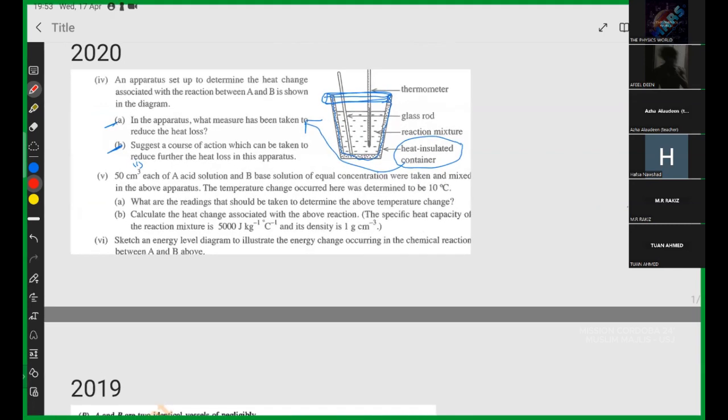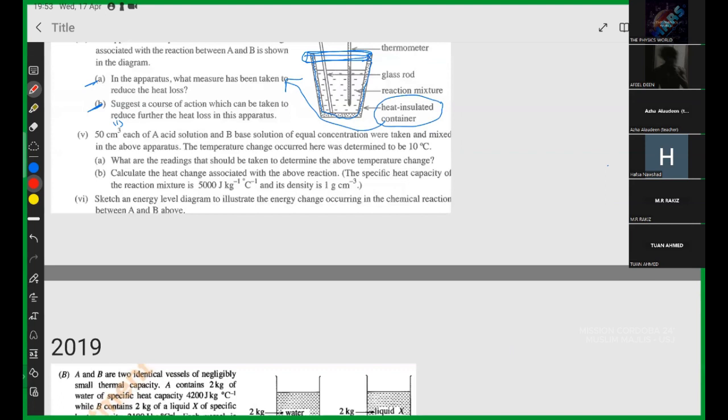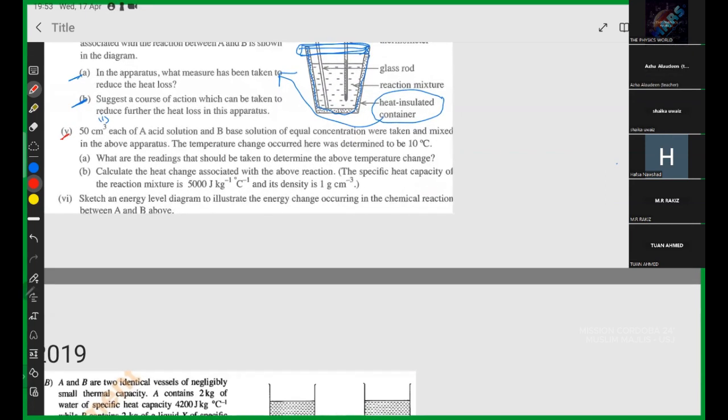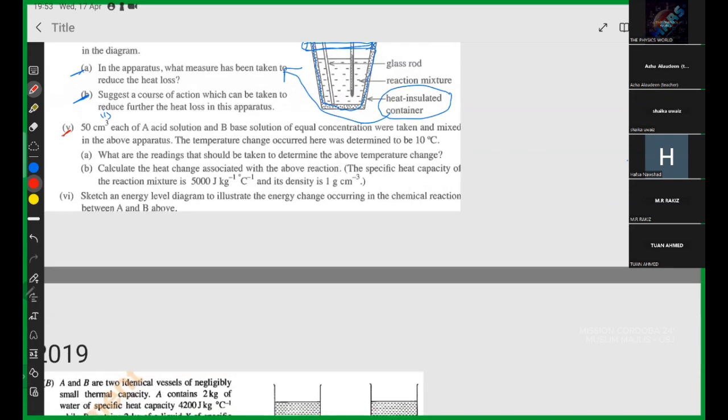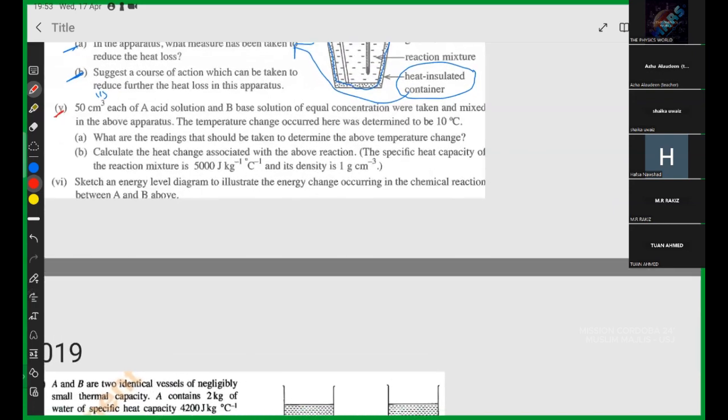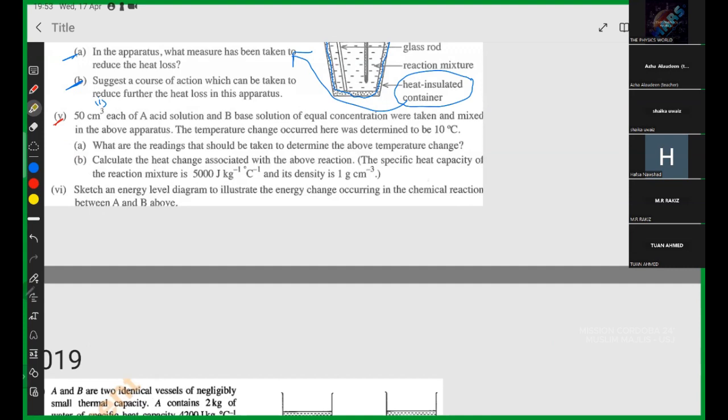Shall I move to this fourth question? Okay, miss. Read the question carefully. I told you if there's anything important, you can underline it, so I'll be highlighting it now. 50 centimeter cube of each acid A and B of equal concentration is taken.